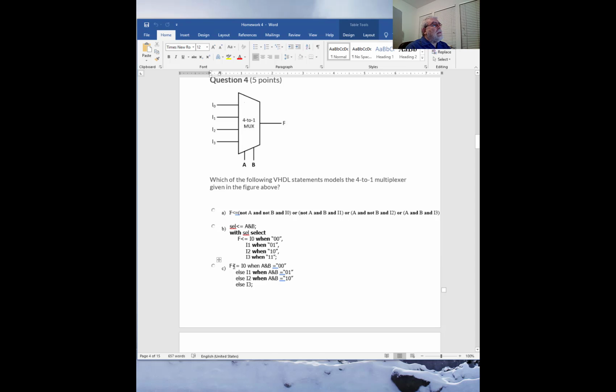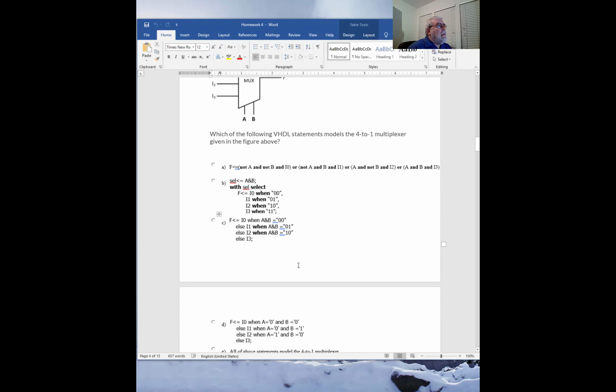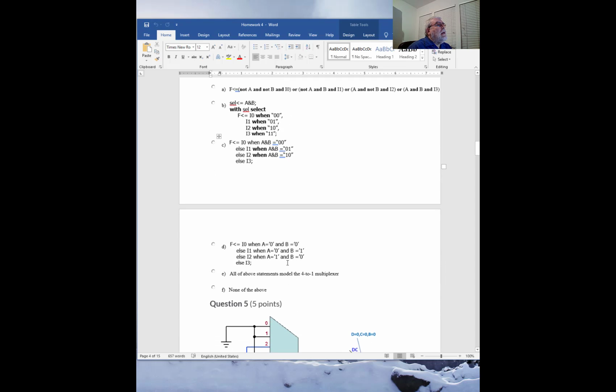If you look into the third one, or C, that's pretty much the same thing. We're not using a select, but it's like an if-else type of statement that we have in VHDL. And similarly, the fourth one, D, is pretty much a variation of that.